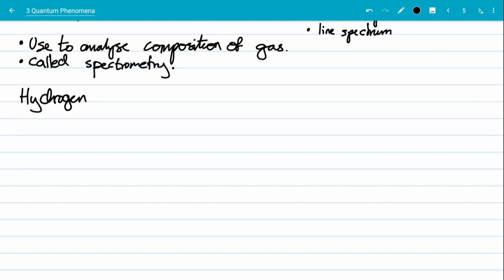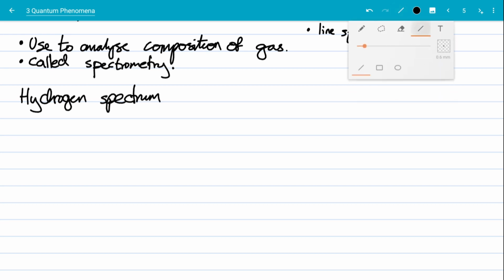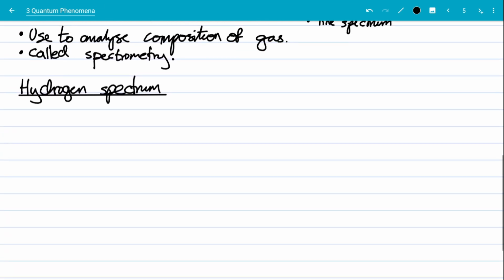Remember we have our equation for energy levels from the last lesson, which was that the energy level is equal to 13.6 electron volts divided by n squared, with a negative sign.